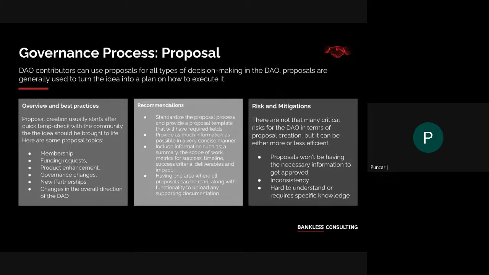Okay, so when an idea is discussed, not every idea will make it to the proposal stage. But when the idea gets the right temp check and we feel that it's well supported by other contributors, we will try to solidify this idea and really put it in writing, also with all the execution plans and how we are trying to approach the idea to make sure that it will get done.